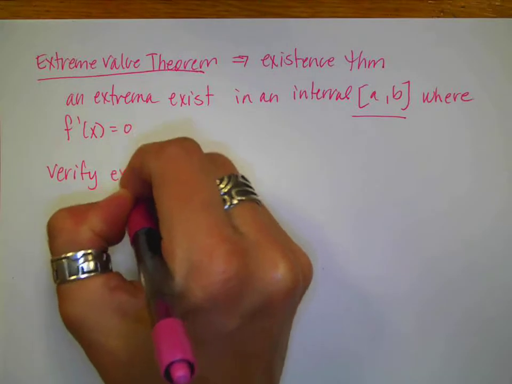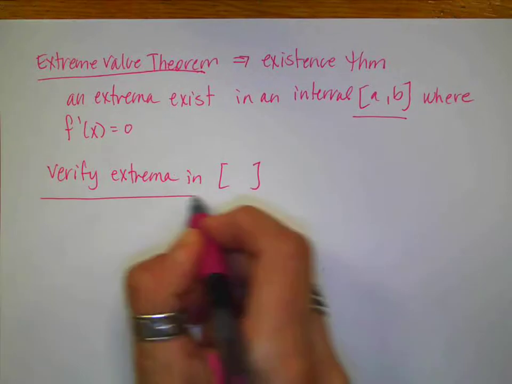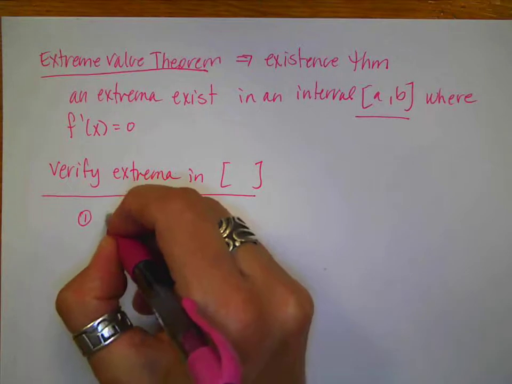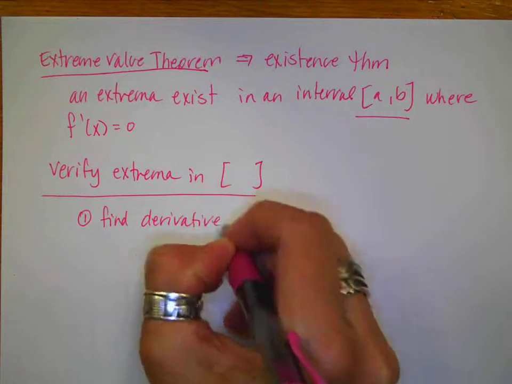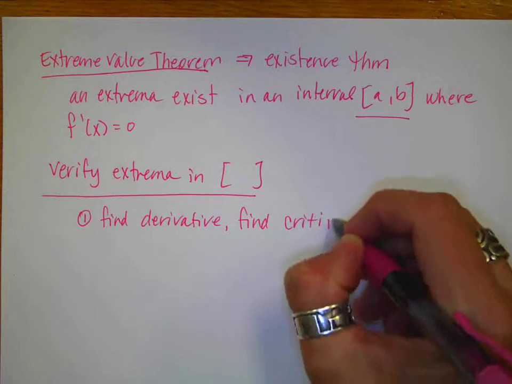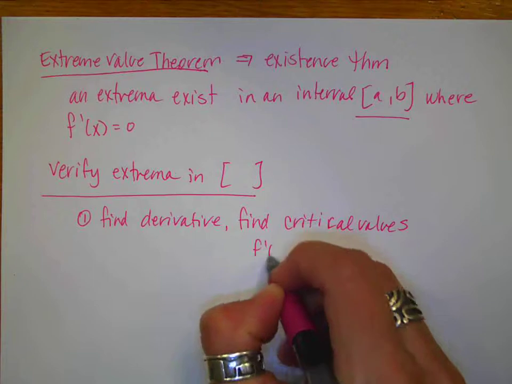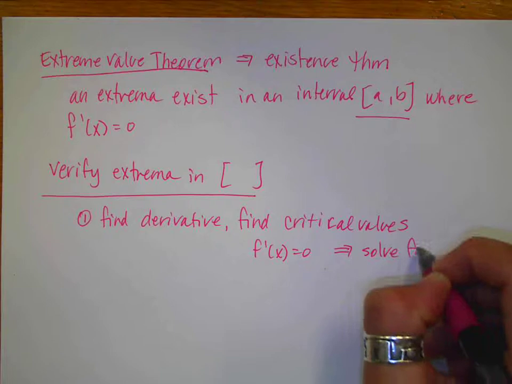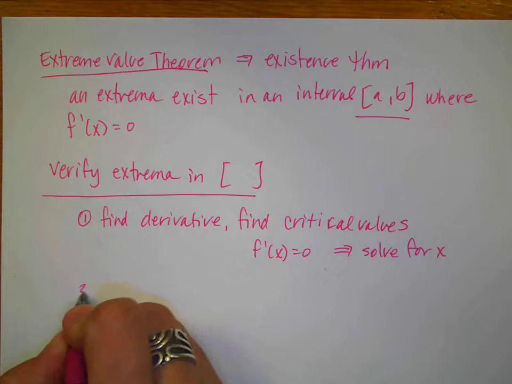All right, if you're asked to verify extrema in an interval, the first thing you're going to do is find the derivative, and then you're going to find your critical values, which means I set my derivative equal to 0 and solve for x, or whatever variable happens to be there.